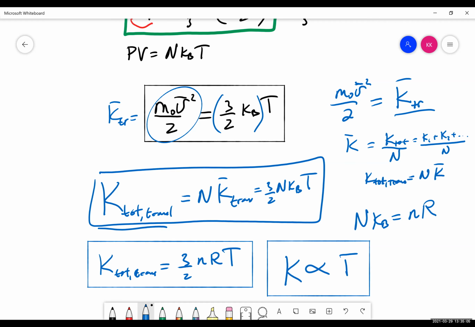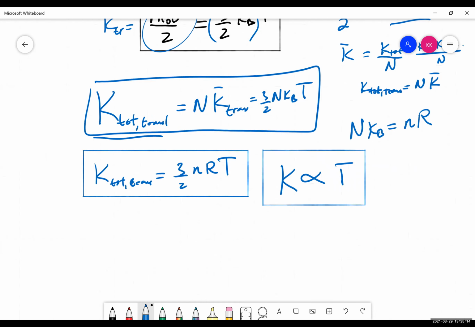That's why when the temperature is absolute zero, it just means your molecules are not moving. This happens when the pressure equals zero. Why? Because those molecules are not moving, they're not colliding with the container wall, so there is no pressure.